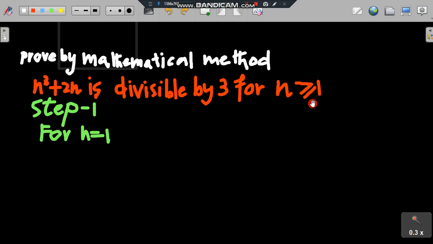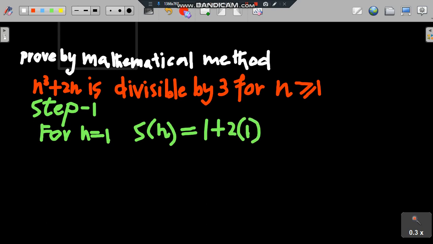Now I take S of n equals n cube plus 2n. For n equal to 1, we get 1 plus 2, which equals 3.